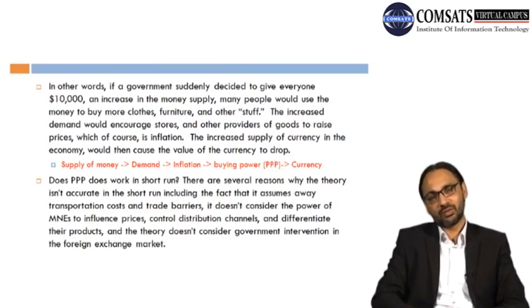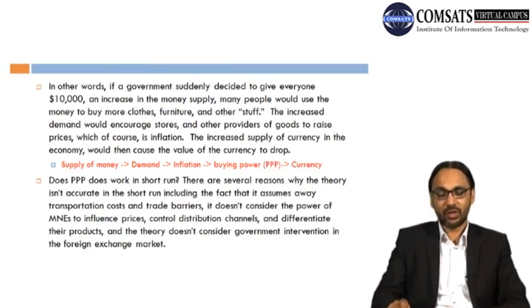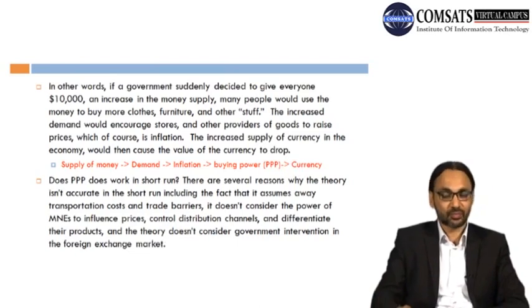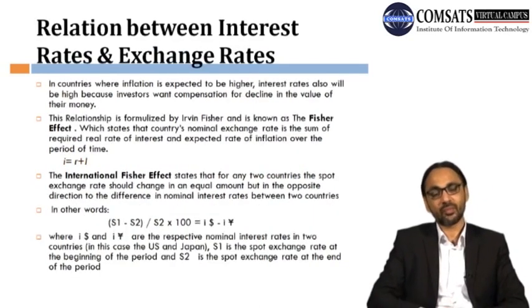That's why it's not really accurate in predicting short-term exchange rate movement. These assumptions are transportation costs, trade barriers, controlled distribution systems, the role of multinational companies that influence prices, and the role of government interventions in the foreign exchange market.